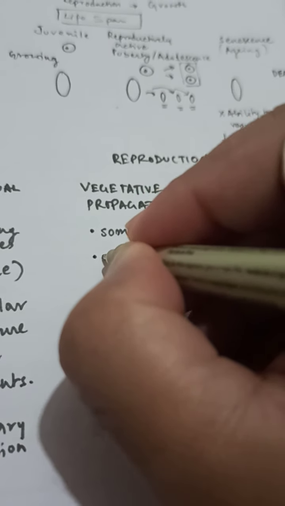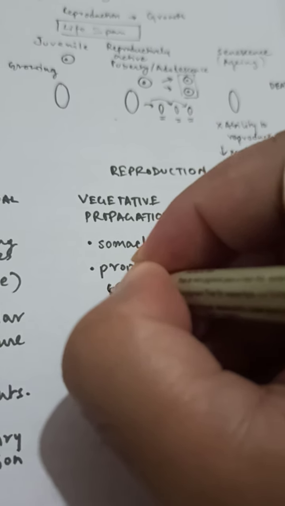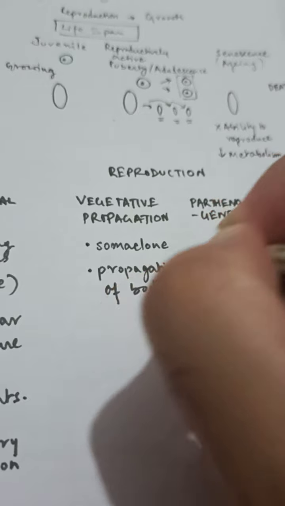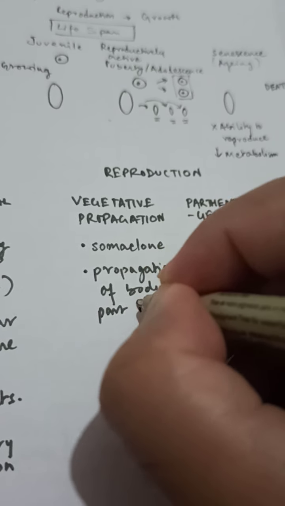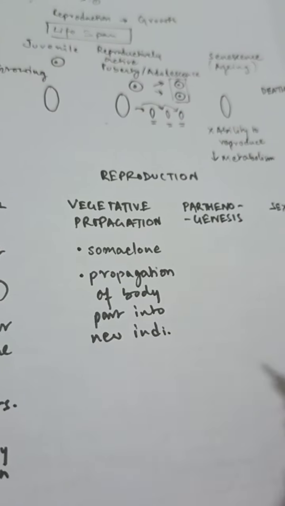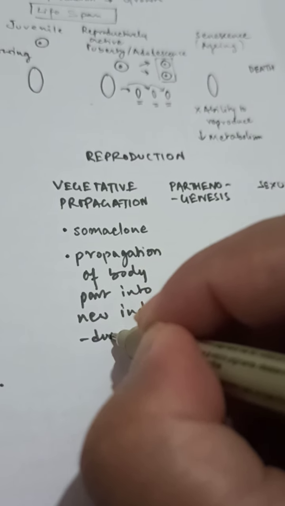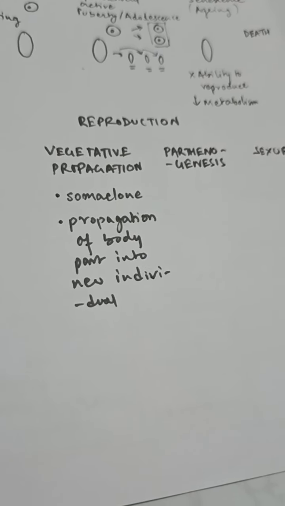Okay, so it is propagation of body part into new individual. So this is what will be called the process of vegetative propagation.